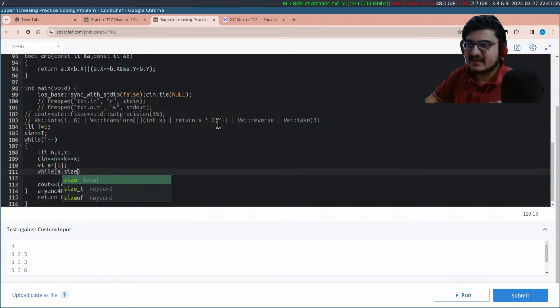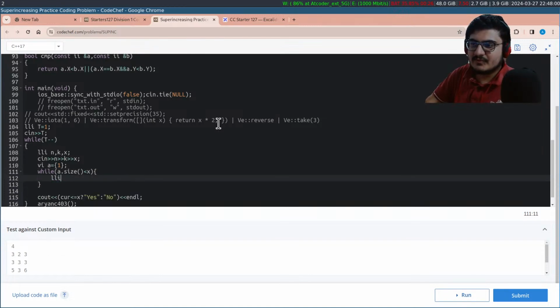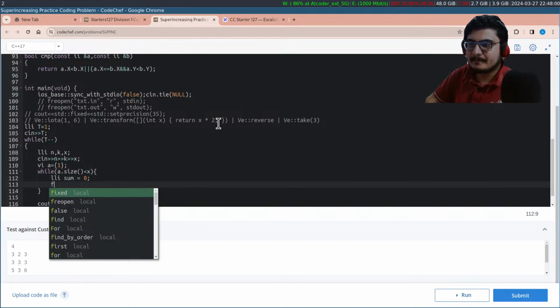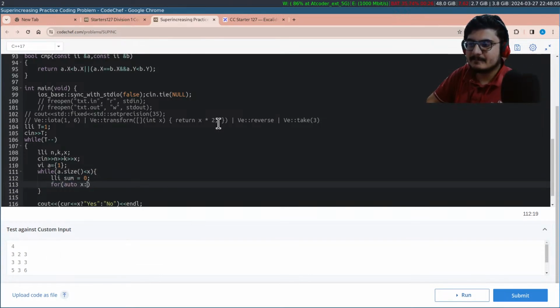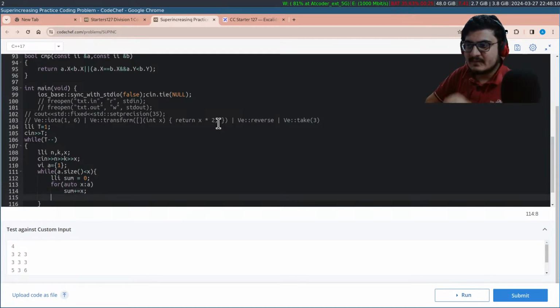While a.size is less than x, we find what the current sum is so far, and we push the next element, sum plus 1, over here.